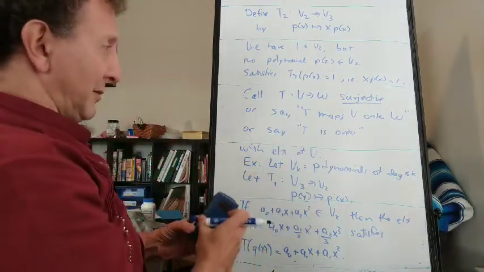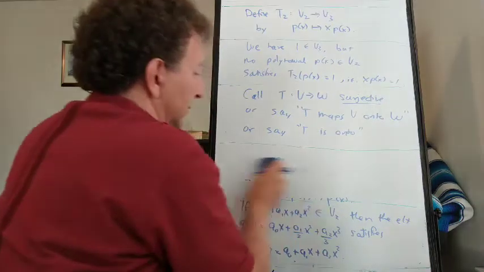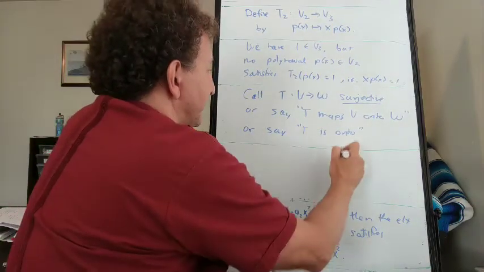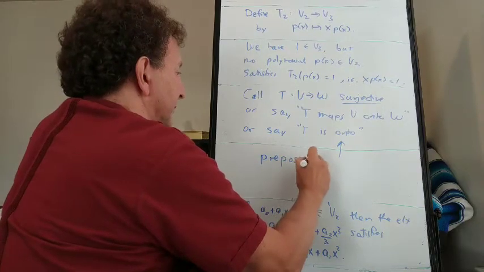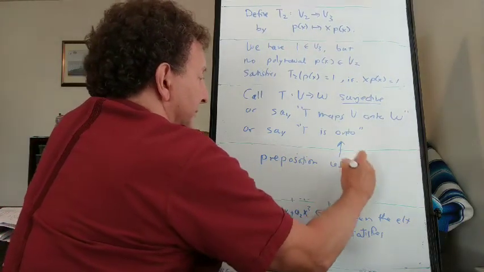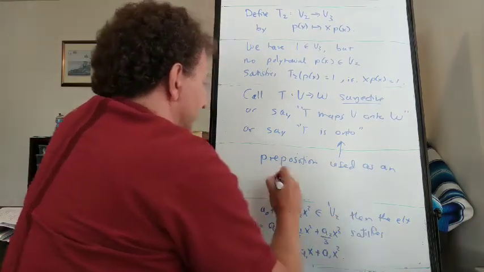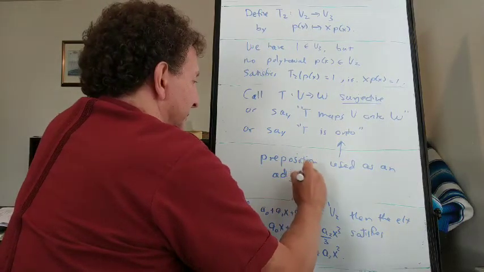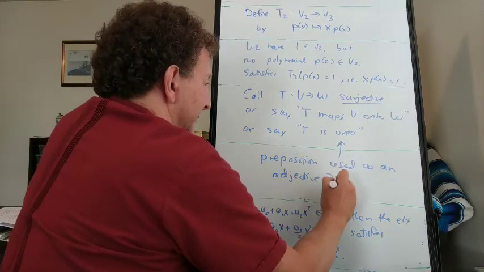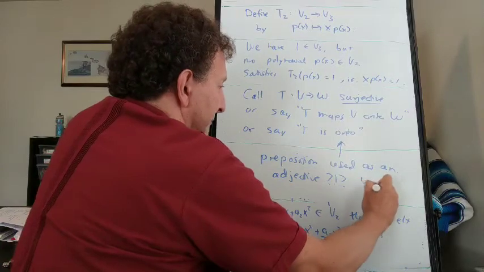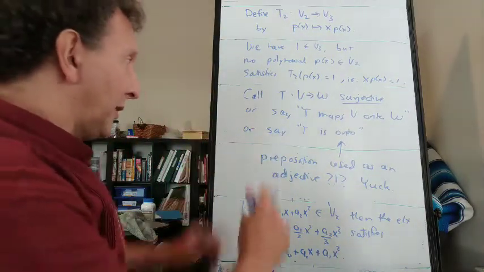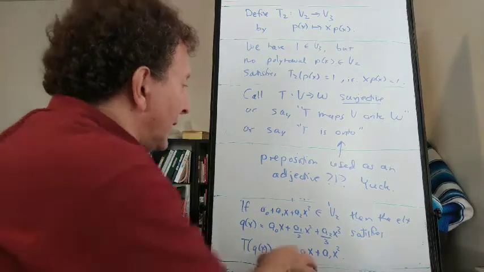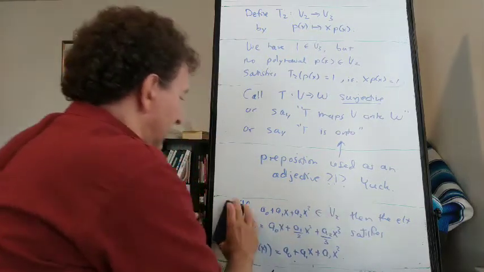I mind, so I'm never going to say T is onto. Some people say that. The book says that, so I'll mention it, but I'm never going to say it again.